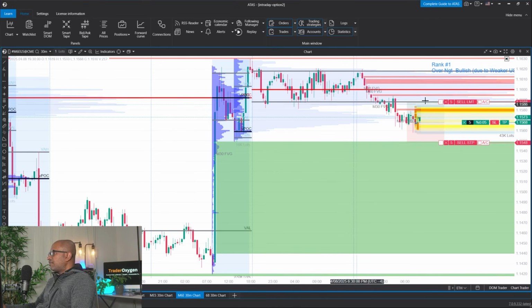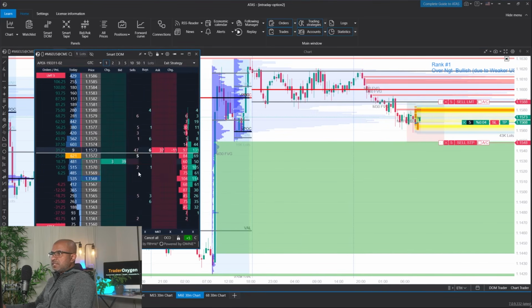Now you can see the trade is currently in profit. If you look at the smart DOM quickly, you can see this column, you've got passive buyers, meaning buy limit orders. Then this right-hand side column is passive sellers, meaning sell limit orders. Then these inside columns are aggressive sellers and aggressive buyers, meaning the market orders, right?